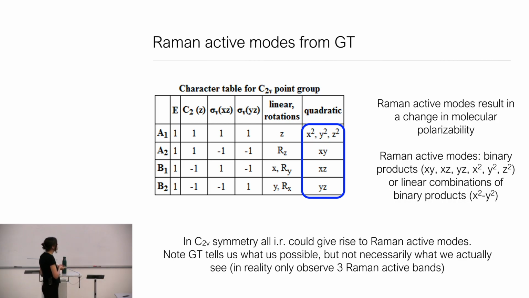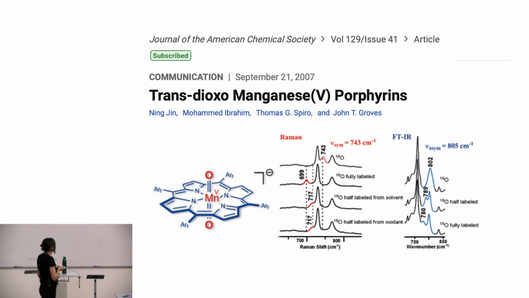And so what we do see is that in C2V symmetry, there are both IR and Raman active modes. But it's important to keep in mind that group theory tells us what's possible. It doesn't necessarily tell you that you see it, right? And this is always also an interesting caveat. It's just mathematically possible. In reality, we normally only see 3 Raman active bands.